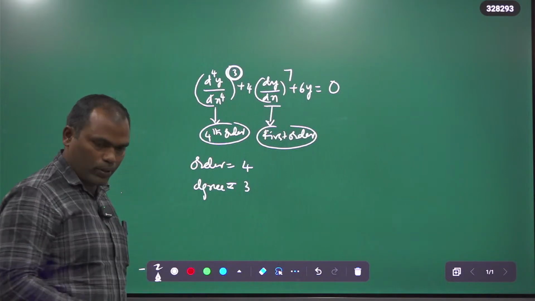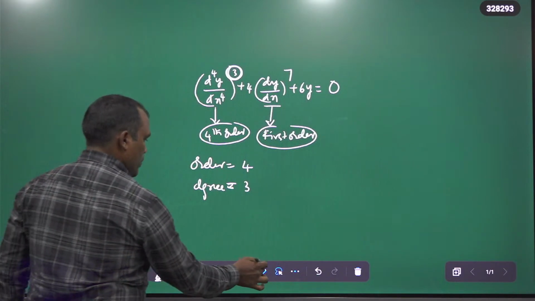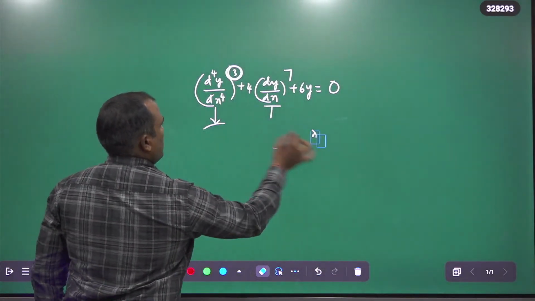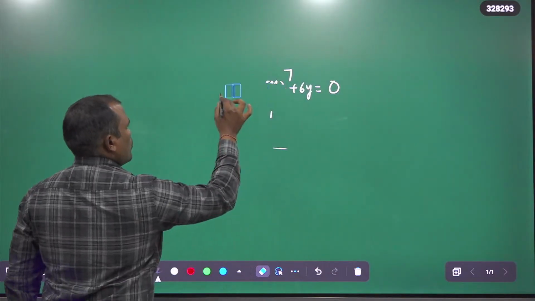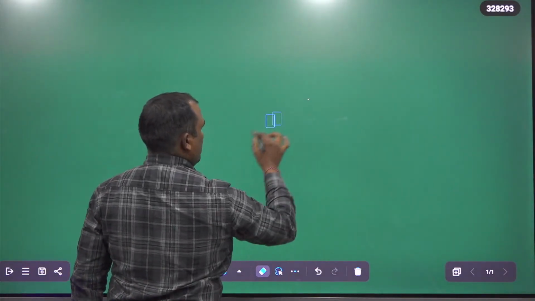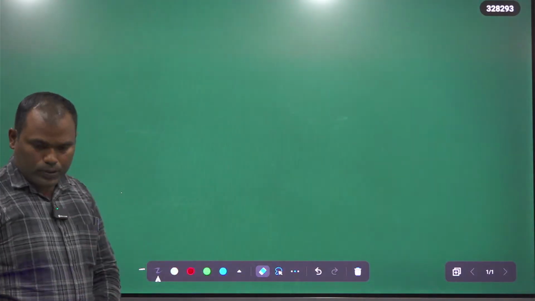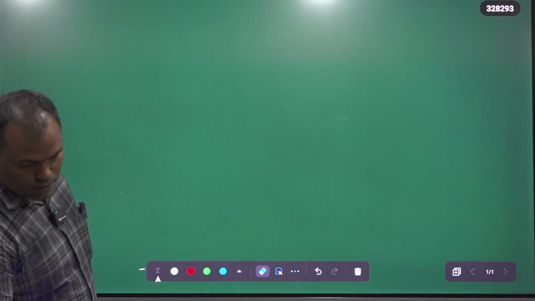So one more example I will give. Based on order and degree, we have one very short answer question in intermediate point of view. In MSET or mains also we have one question.